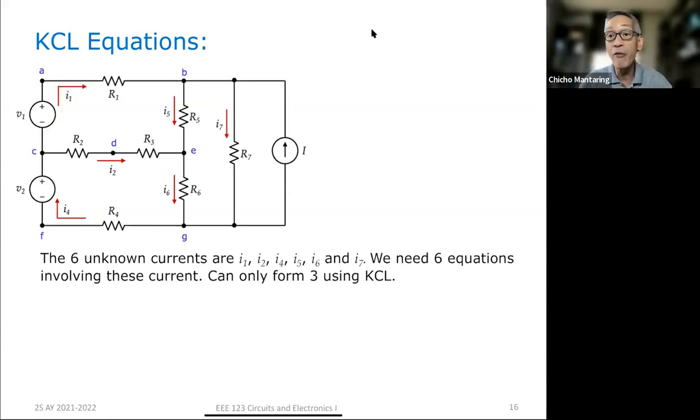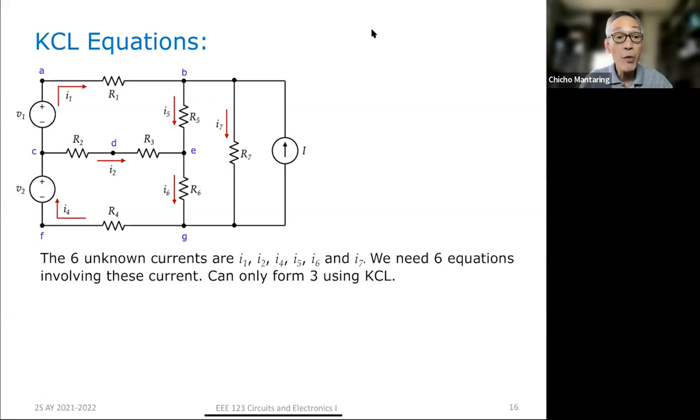Because normally a voltage source under normal circumstances supplies power. Ganun din dito. If this is supplying power, the direction of current should be from negative to positive. The rest of the currents, I don't know the direction, so I just assume. So these are all assumed directions of current. And I have 6 unknowns.